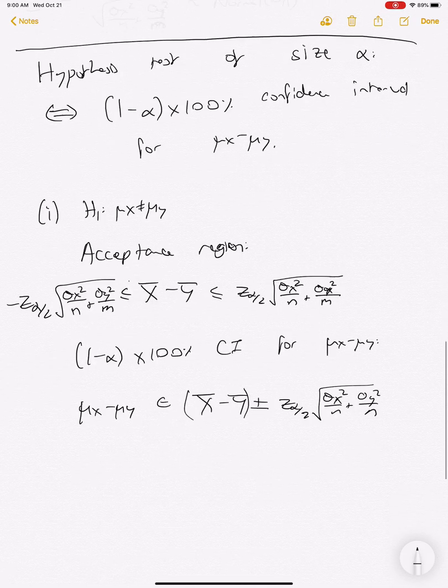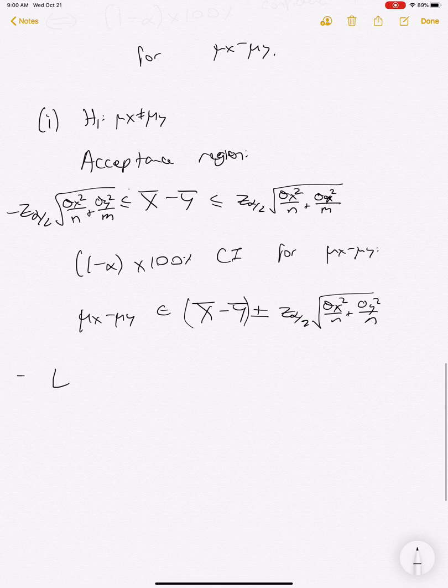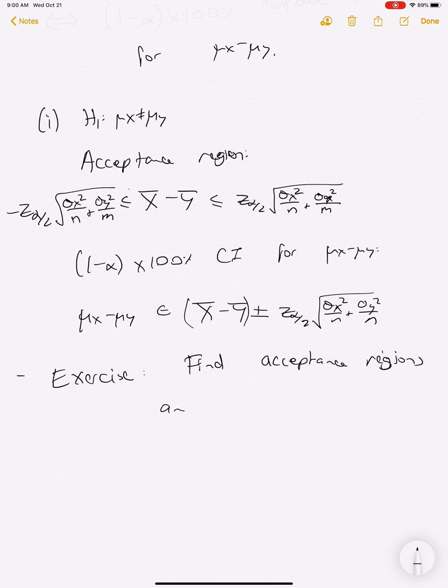And then as an exercise, find acceptance regions and 1 minus alpha times 100% confidence intervals for one-sided alternatives.